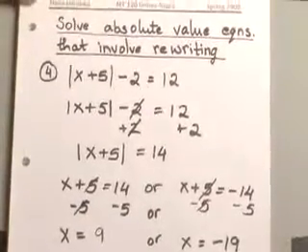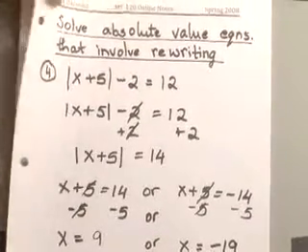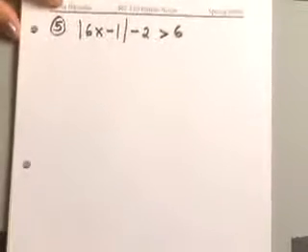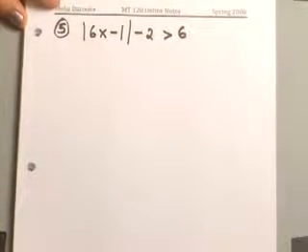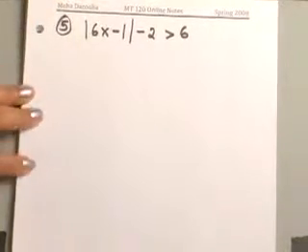Now you can also see some absolute value inequalities that may involve rewriting. So let's look at an example where you may come across something like this. You have absolute value of 6x minus 1 minus 2 greater than 6.